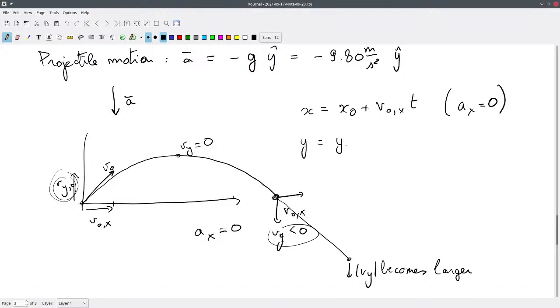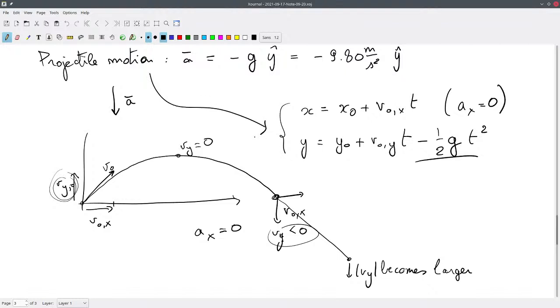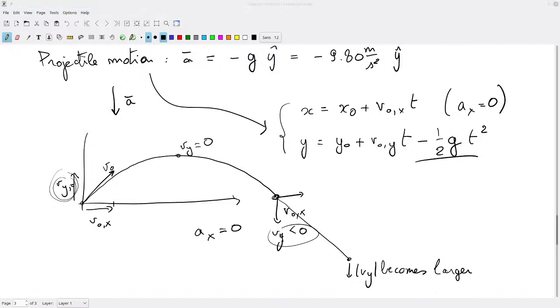Y is y0 plus v0y times the time, and now minus 1/2 g times t squared. So that's going to be the new term here. So these are the formulas that describe projectile motion, and that we can use to solve essentially any problem in projectile motion.